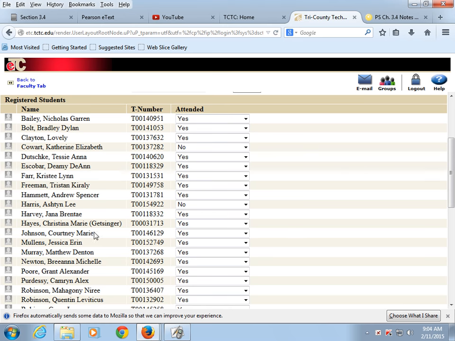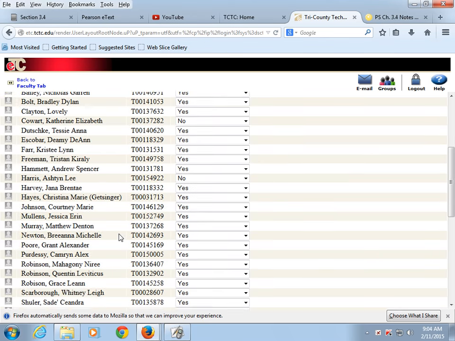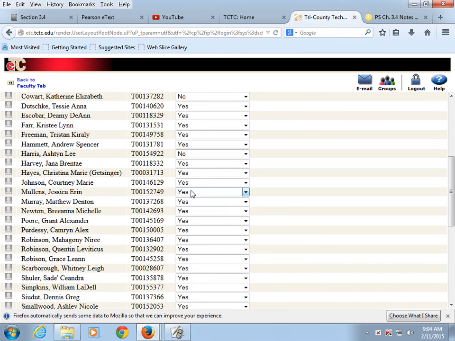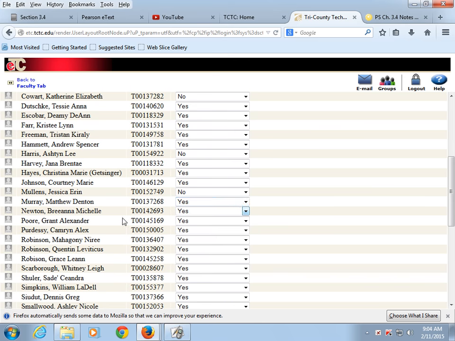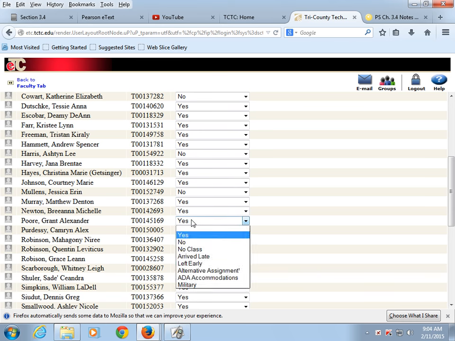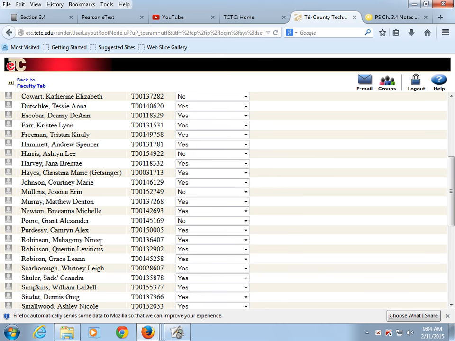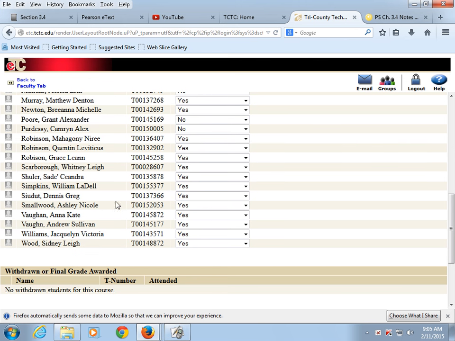Hayes. Johnson. Mullins. Murray is here. Newton. Robinson triplets are here. Miss Scarborough is here.